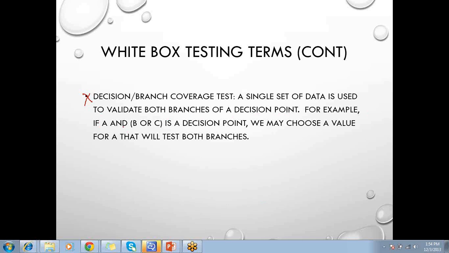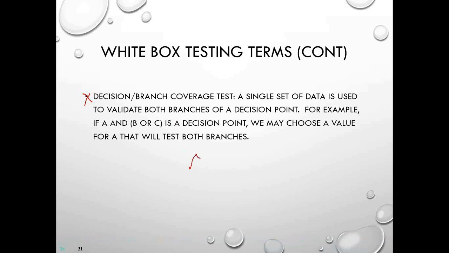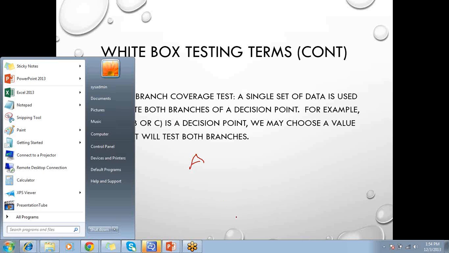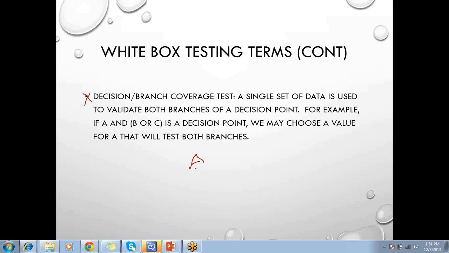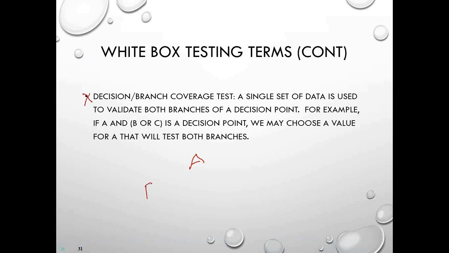For example, if A and B or C is a decision point, we may choose a value for A that will test both branches. So it's nothing like this. If A and B or C, you have A, which is common, and then you have B, and then you have C. So this is kind of a decision tree. Okay, so this is how it is.